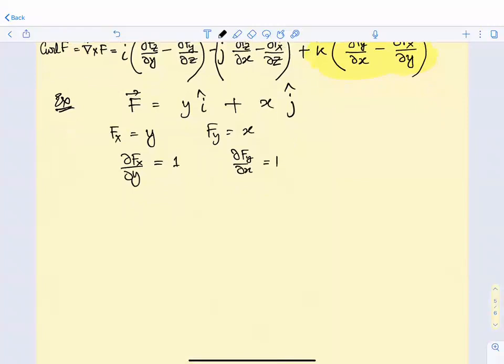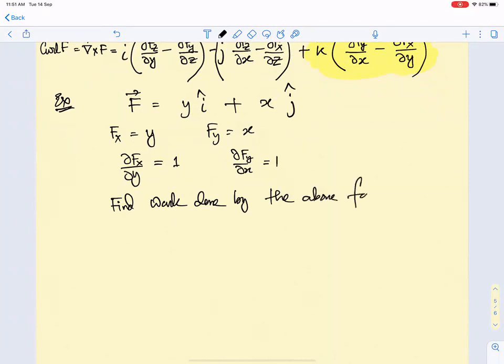And suppose you have been asked to find the work done by the above force in a path, say a parabolic path, y square equal to x, from 0 0 to 1 comma 1.